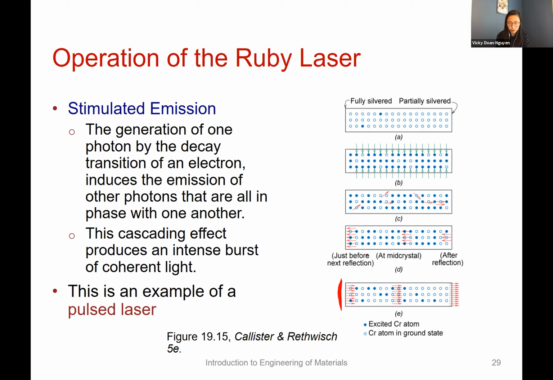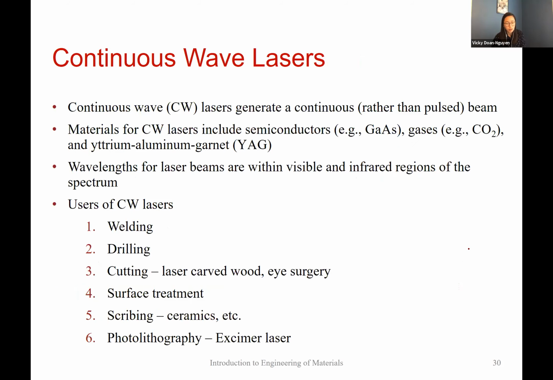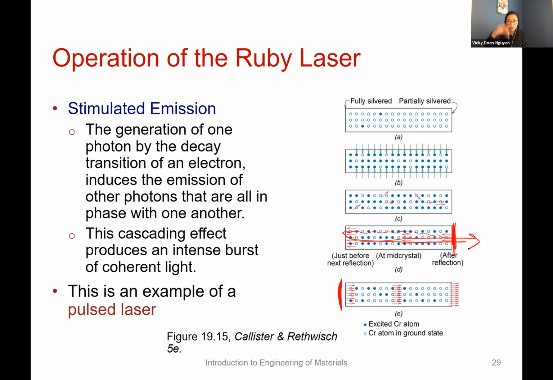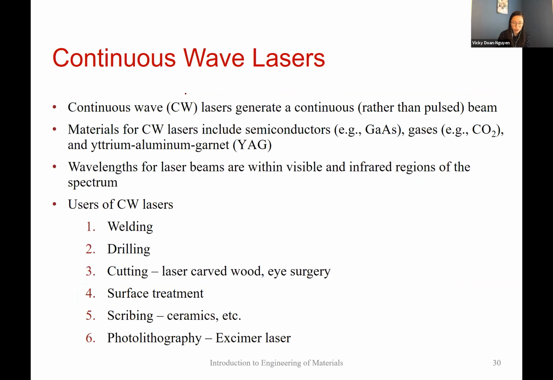So any of the emission that goes this way will then be reflected back, and on this side it's semi-reflective, and so it'll actually go out this way. And so you can have what's called a pulse, where you have this cascading effect, or you can have a continuous type laser where you have a continuous wave that, instead of a pulsed beam, just continuously excites all these electrons.